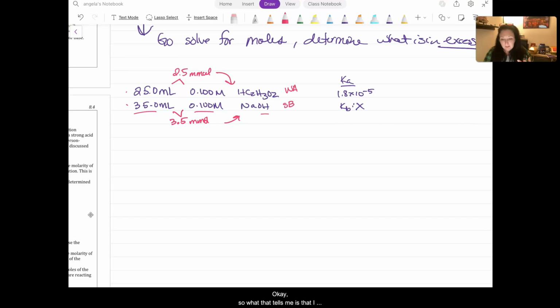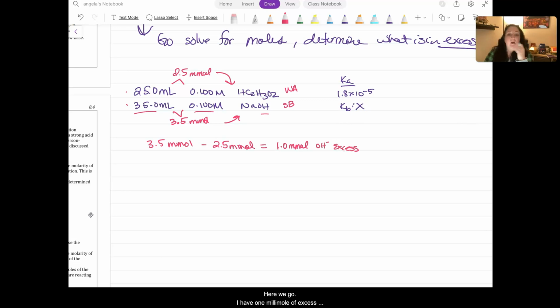Okay, so what that tells me is that I have 3.5 millimoles of the base and 2.5 millimoles of the acid. So I have excess base. How much excess base do I have? Subtract them. So I have 3.5 millimoles minus the 2.5 millimoles. And when I subtract them, here we go.